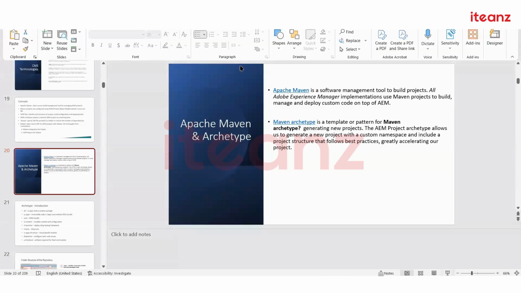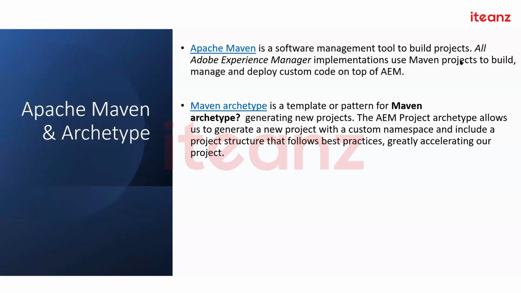Okay, so we'll come to Apache Maven now. I know you all have Maven installed in your systems. Basically, Apache Maven is a software management tool which helps us to build our applications. AEM actually uses Maven only to build its applications.